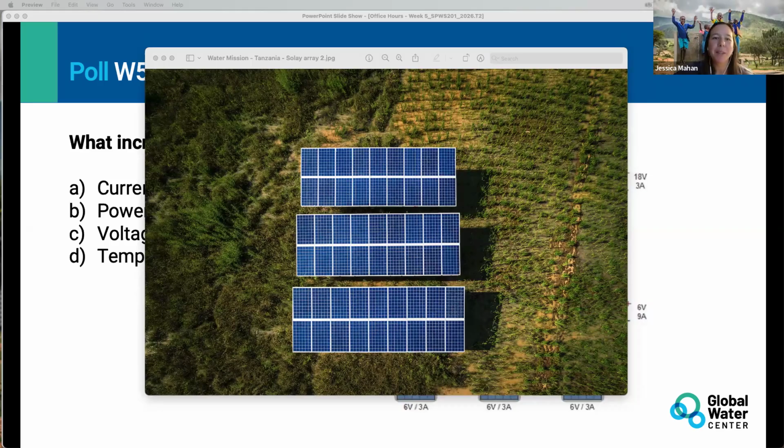But yeah, that's a good question. 15 is probably a lot to have, depending on your construction abilities in the location that you are. That's a great question. Thank you.